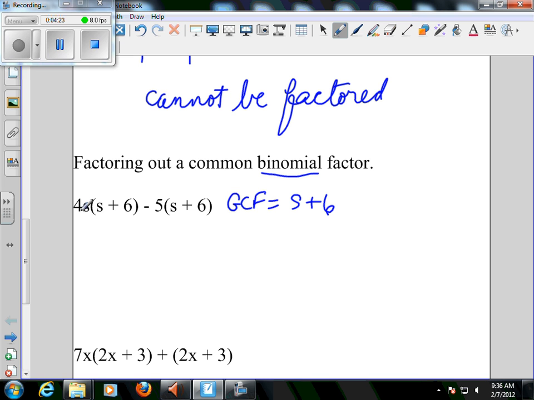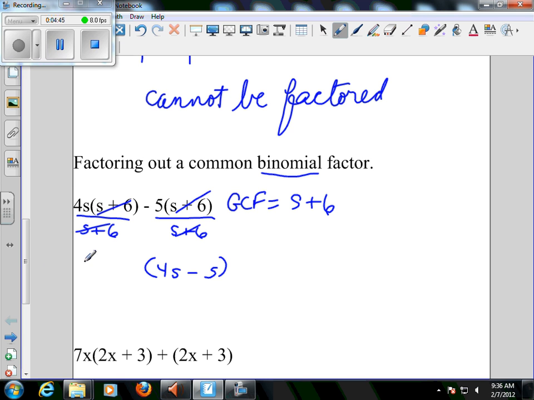And so let's factor that out. So we're going to divide every term by s plus 6. And when we do that, the s plus 6's cancel. And we are left with 4s minus 5. Those are the only things that haven't canceled out.